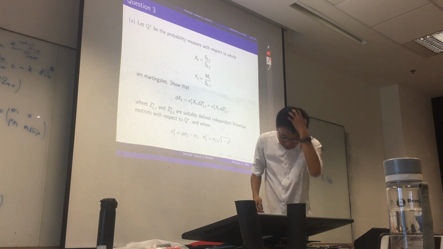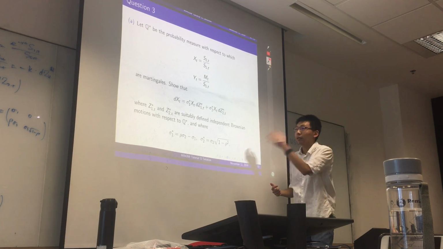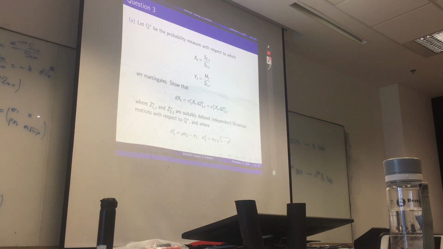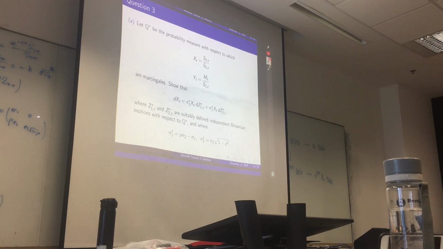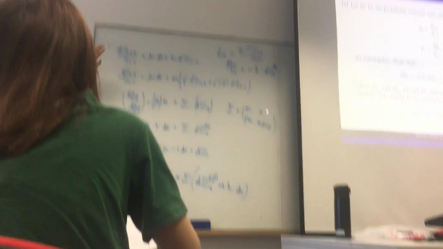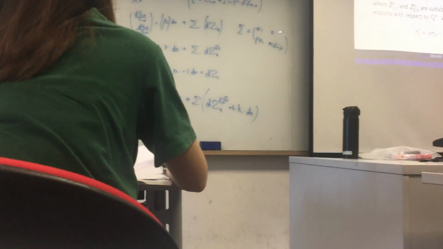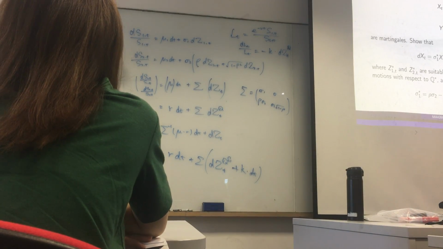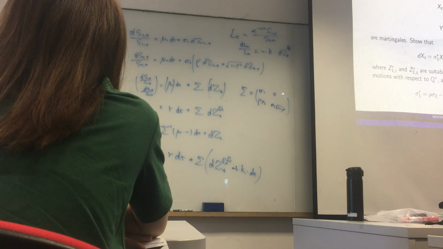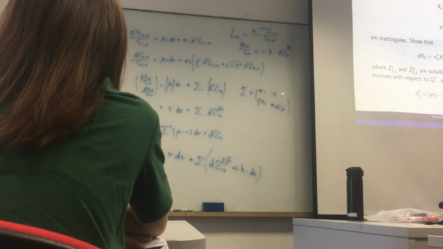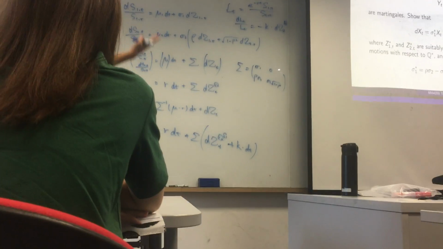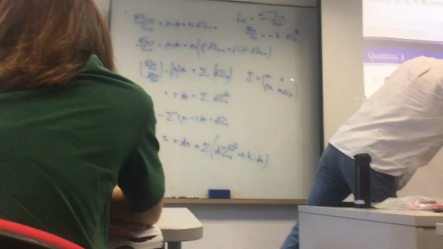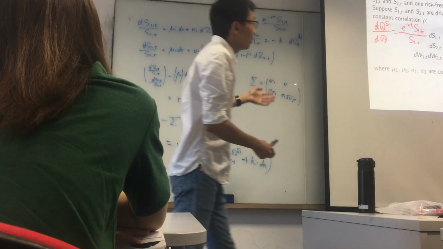So what do we do here? Before I talk about the solution, I just want to mention a few things relating to this multi-stock or multi-asset market model. Usually our model will be given in this way. We have multiple stocks, or you could say multiple risky assets, and each of them follows some SDE, let's say geometric Brownian motion. Just like our question here, we have two stocks, each a geometric Brownian motion, with dW1, dW2, and they have correlation.